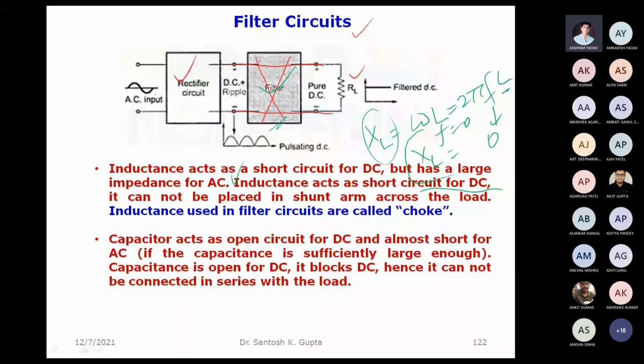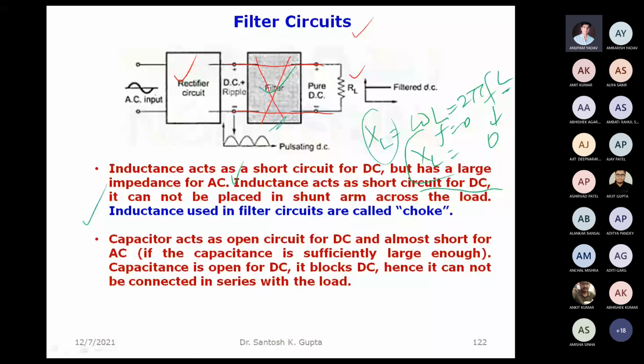It will not attenuate, it will not make any potential drop corresponding to DC signals, whereas the AC signals, it will try to suppress, attenuate it, and there will be a corresponding potential drop. As the frequency is increasing, this impedance is increasing, and the corresponding drop will also increase. So we can use the inductors in series.